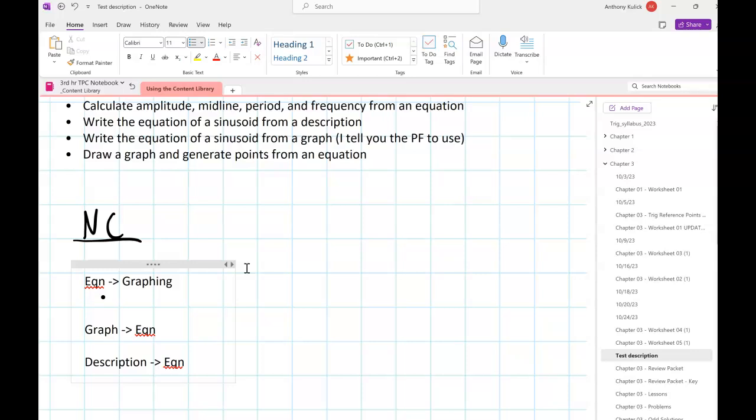Right, so if I tried to look at the graphing problem that you all just did, the first thing we need to find is A, C, H, and K. So I need to remember that y equals a trig of 1 over c times x minus h, plus k.